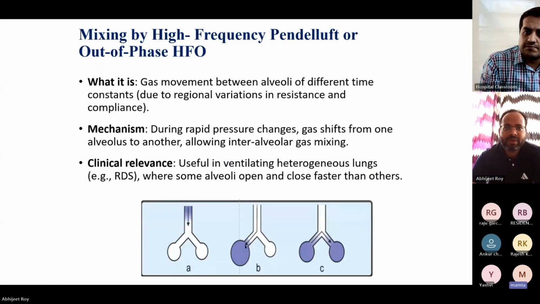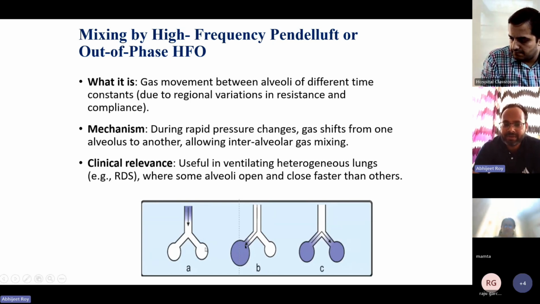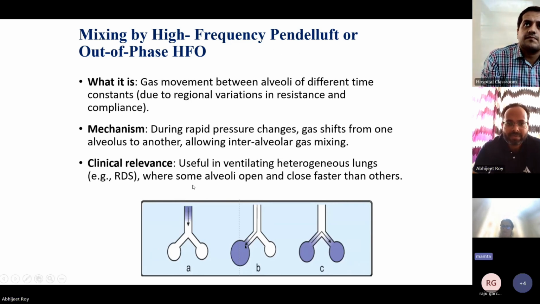So what happens in the Pendelluft mechanism? There are various alveoli which have different time constants. Some alveoli may be small and may have increased airway resistance and decreased compliance, and these will have a higher time constant. And some will have lower time constants. Those with lower time constants will be filled earlier.